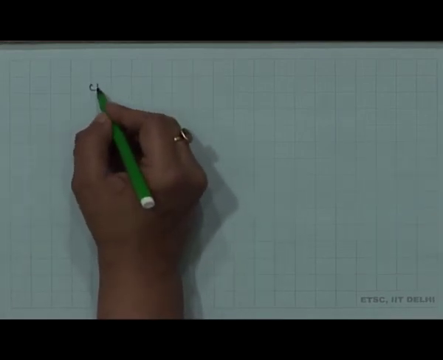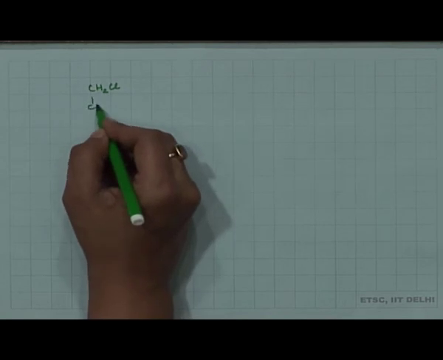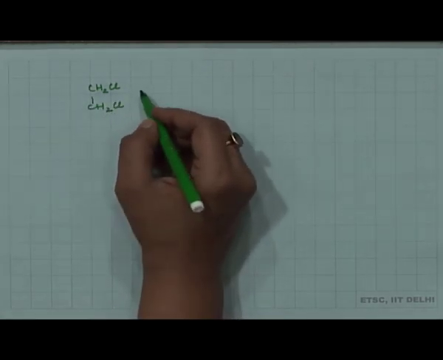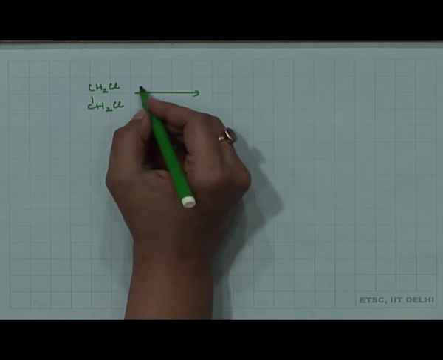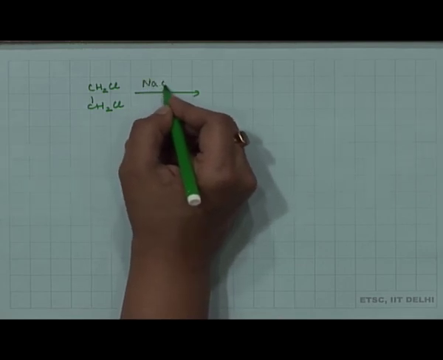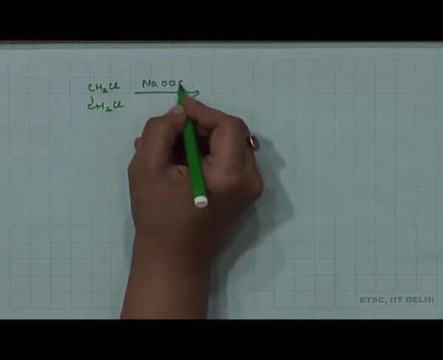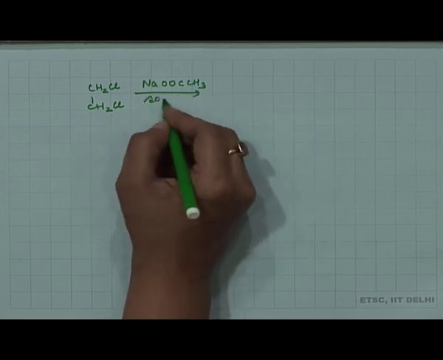A revised version of this method would be that you start with the same dihalo compound and treat it with fused sodium acetate.